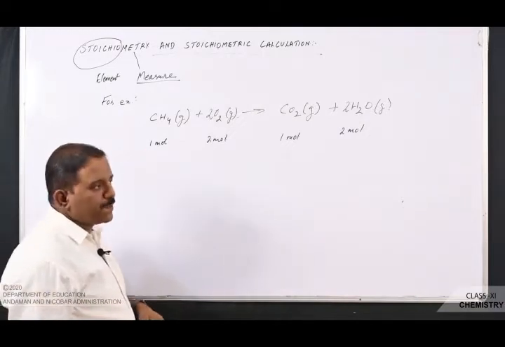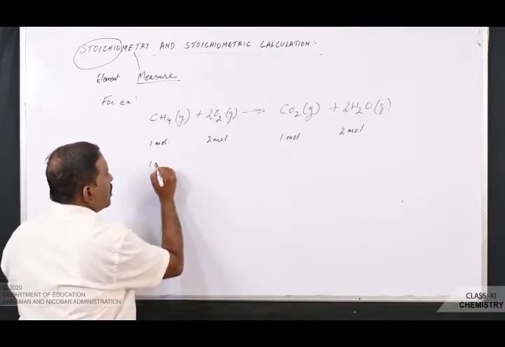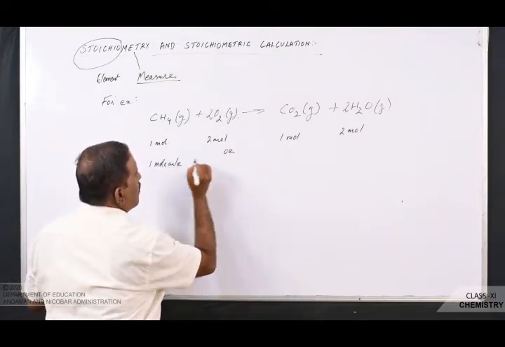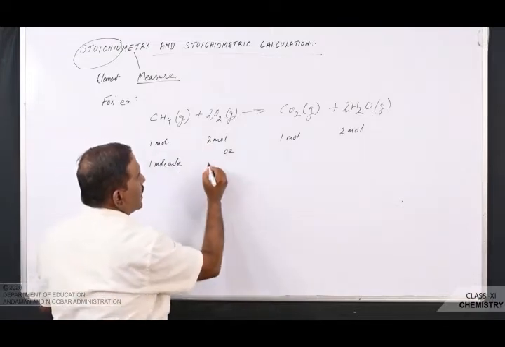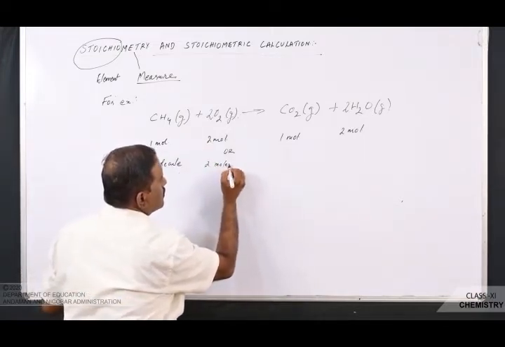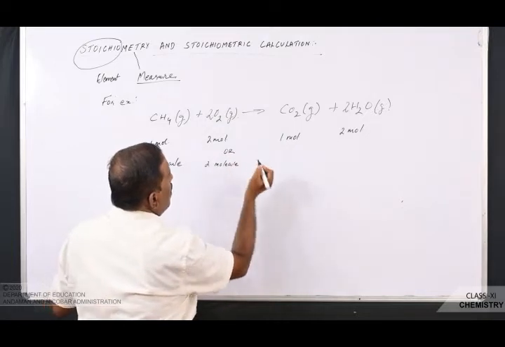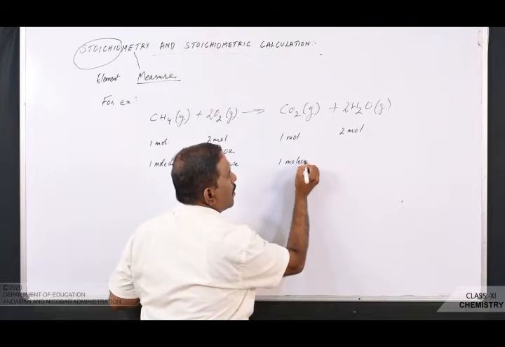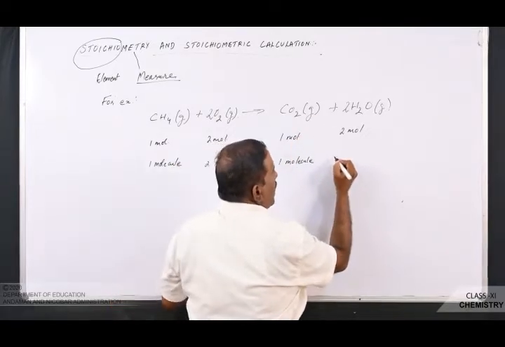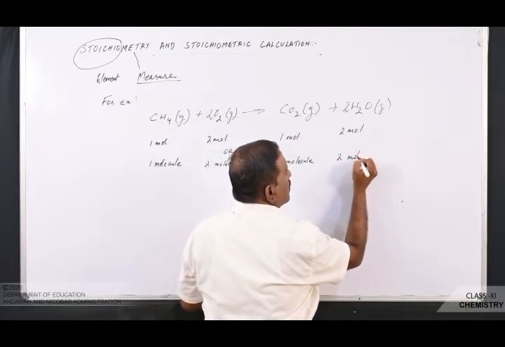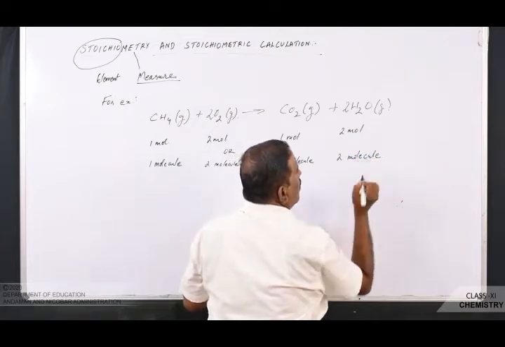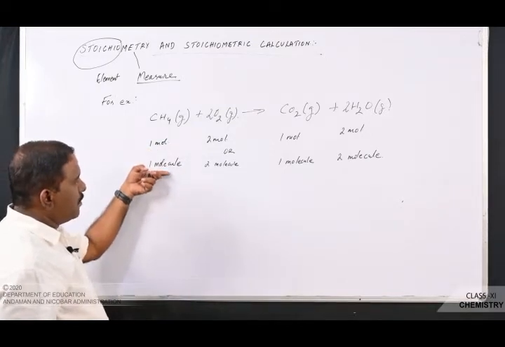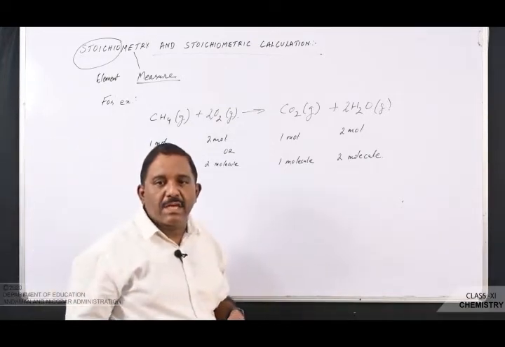Similarly, in respect of molecules, I can write 1 molecule of methane reacts with 2 molecules of O2 to give 1 molecule of CO2 and 2 molecules of water.